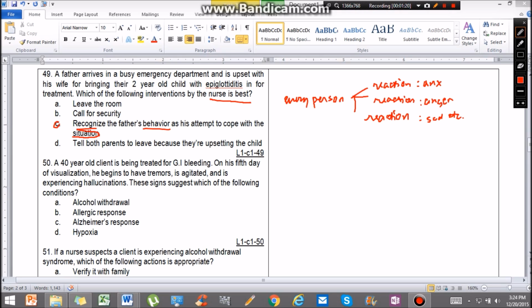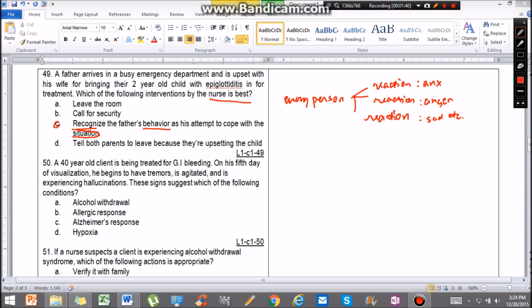This is the best answer because every time you deal with clients, you need to understand their behavior first. You do not confront them. You do not tell them derogatory things. Okay, and you do not discipline them right away. You need to recognize first their feelings.